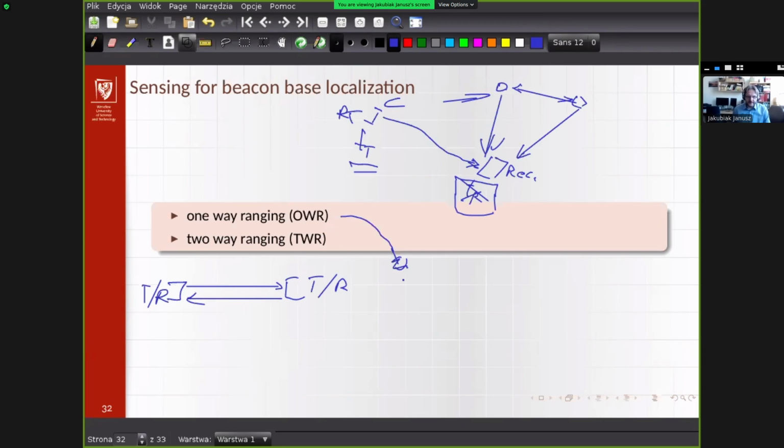So in fact, a single measurement works more or less like that. You initialize measurements from, let's say, side A to side B. You have side A, you have side B, and you have the timeline of both. You send the first signal, then it's processed somehow in here. It takes some time, and then you send it back.